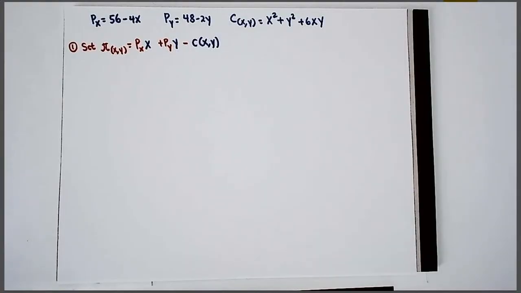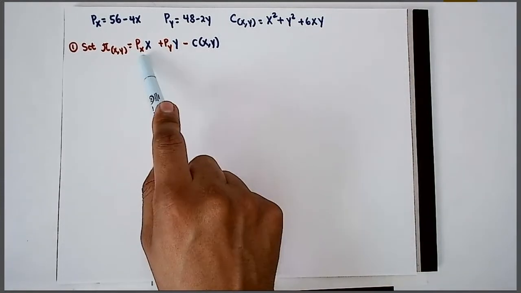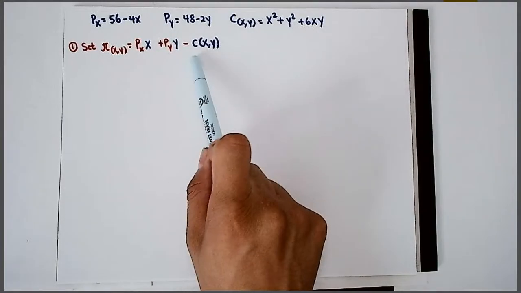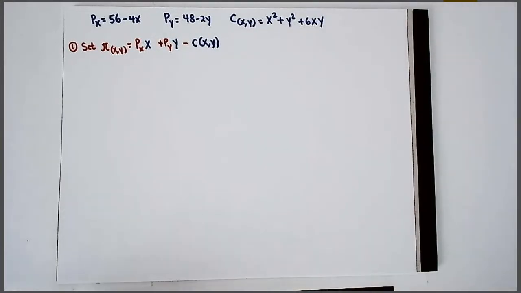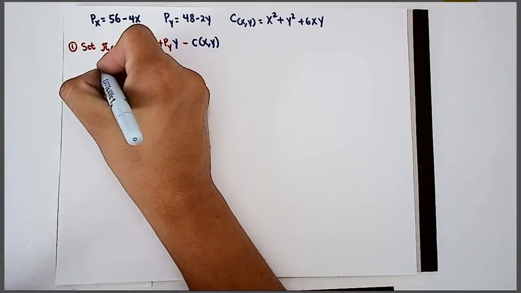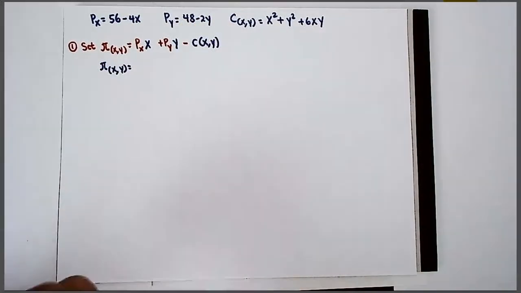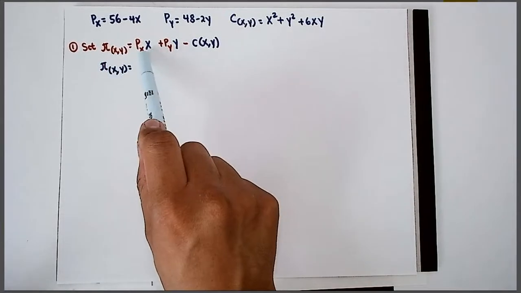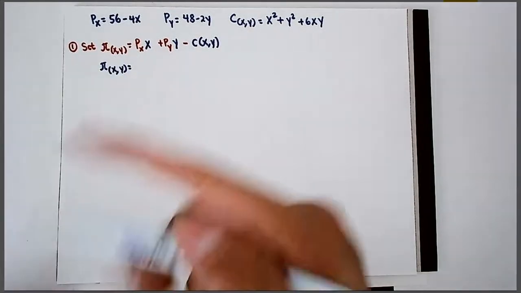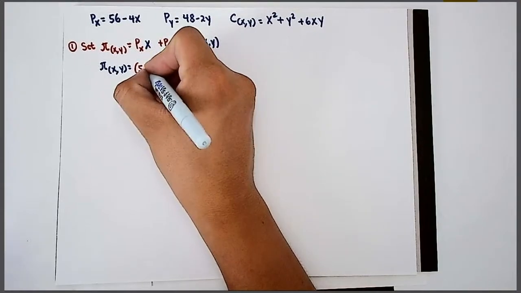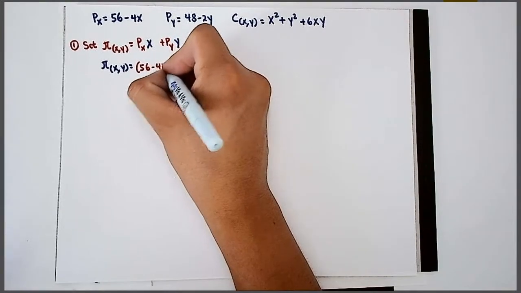First, let's compute the profit function, which is equal to the revenue obtained from selling cotton and from selling corn minus the cost of production. So the profit in terms of quantities is equal to, here we can replace the price as a function of quantity using the inverse linear demand.